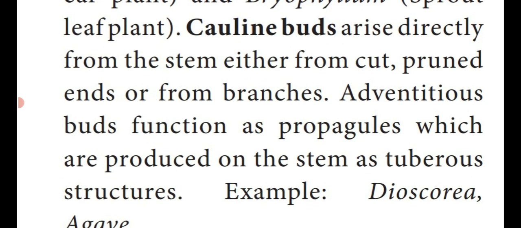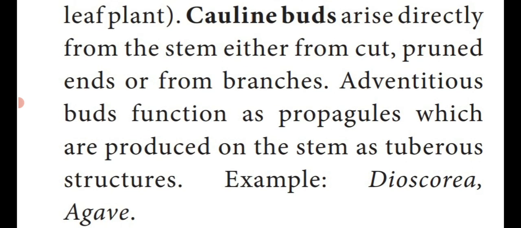Then another one, cauline buds. Radical means root, foliage means leaves. Cauline is a Greek word which means stem. So these are buds which arise directly from the stem, either from a cut, pruned end or from the branches.